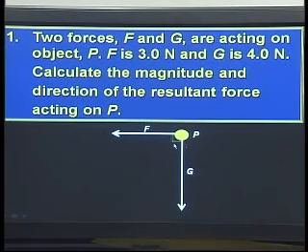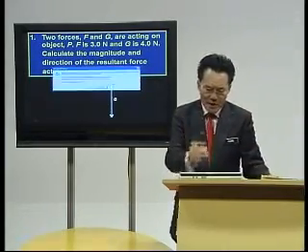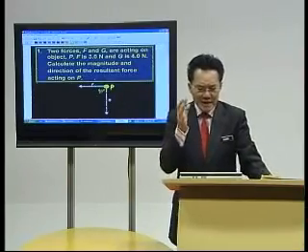There are two parts to the question. Calculate the magnitude and the direction of the resultant force acting on P. So that is the question. Some students are confused about it one way or the other. Now let us look at it and see how to tackle this problem.